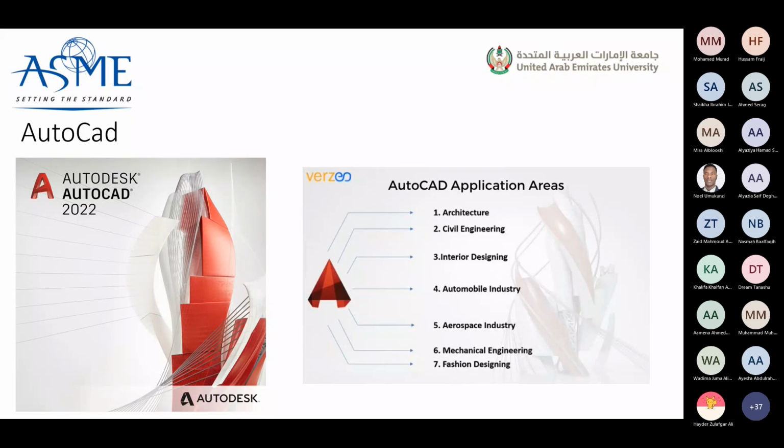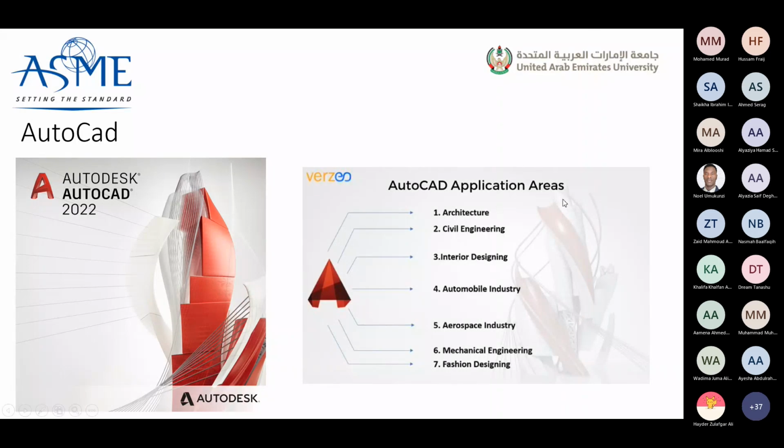I remember I learned AutoCAD 14 as the first CAD software in my engineering life. I don't know why they changed the naming from AutoCAD 12, 14, then AutoCAD 2004, then AutoCAD 2007, 2009, up to AutoCAD 2022.